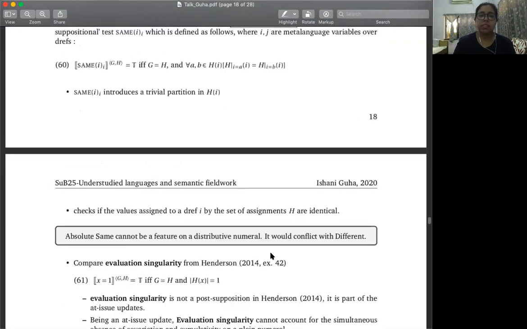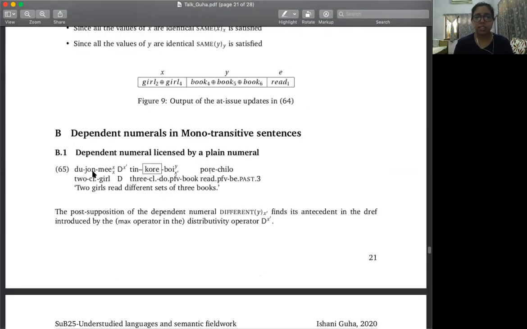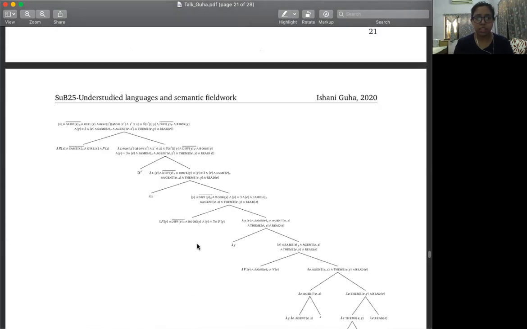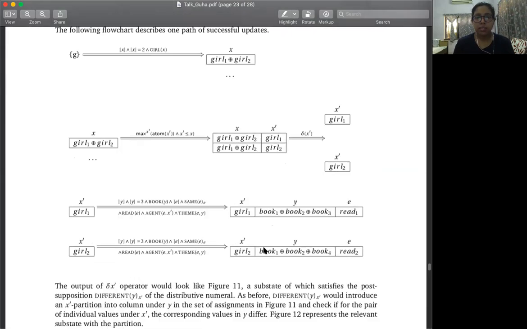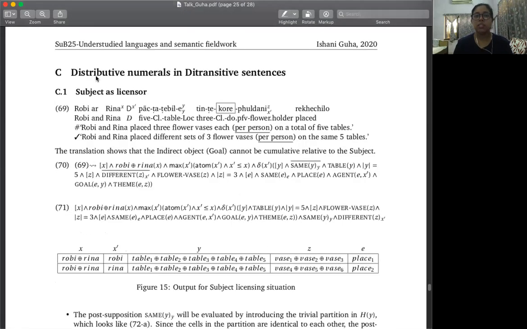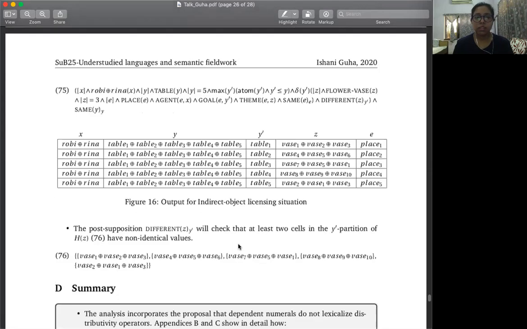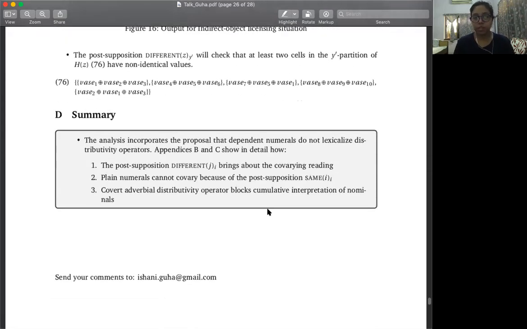Section D instantiates the compositional mechanism, and section C plays out the interpretation of the ditransitives. Please look at them and do send your comments to my email, and thank you for listening to me.